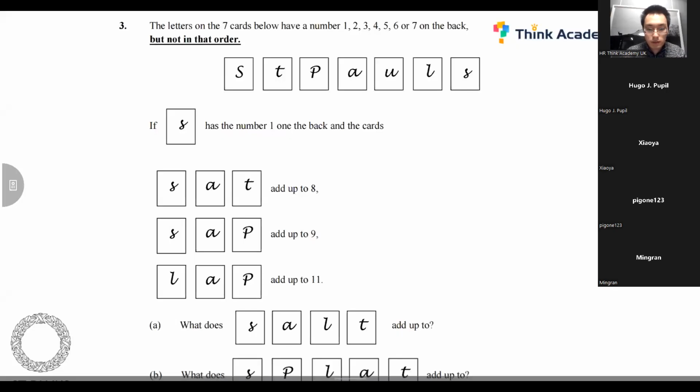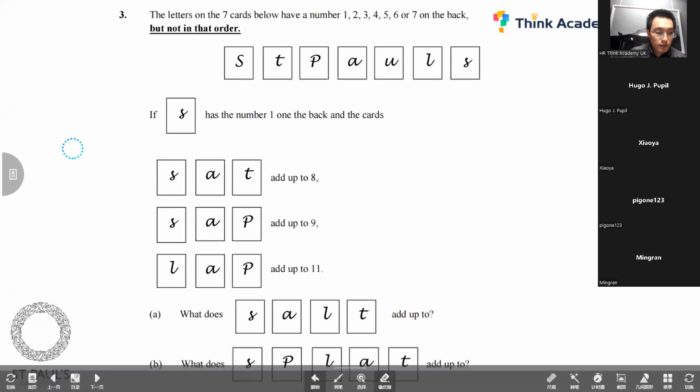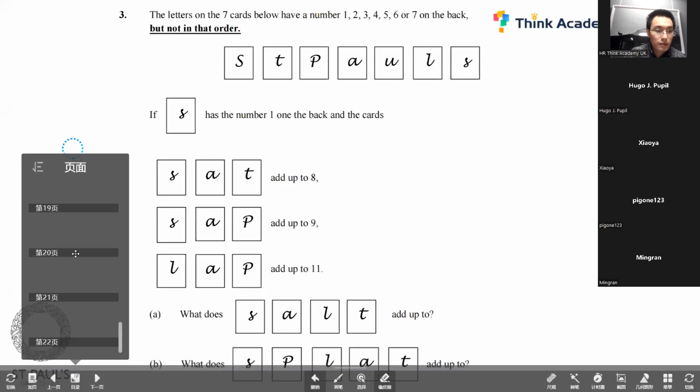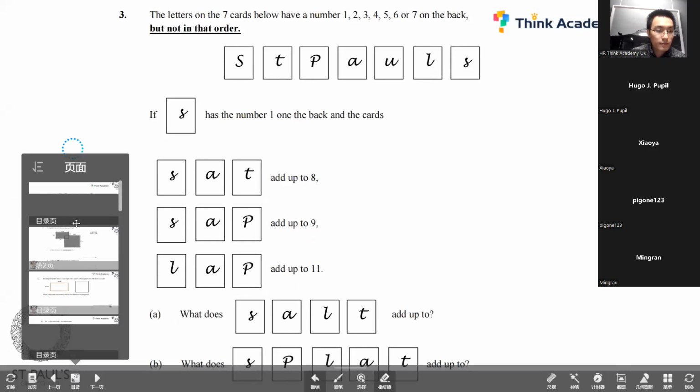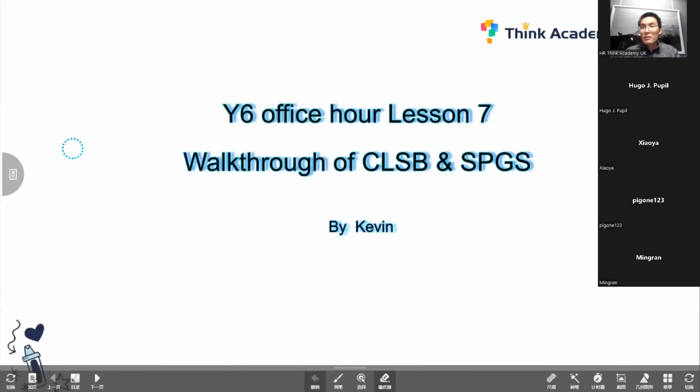Right, so let me get back to the first page. Oops. My computer is a bit stuck. Give it some time. Okay. And let me fix the settings and then we'll start.